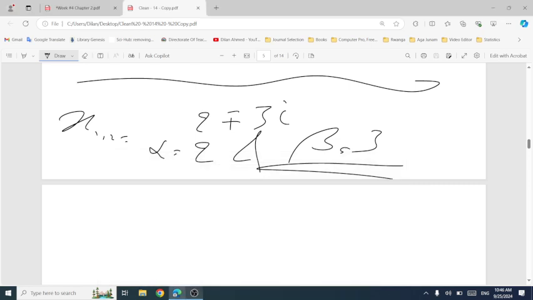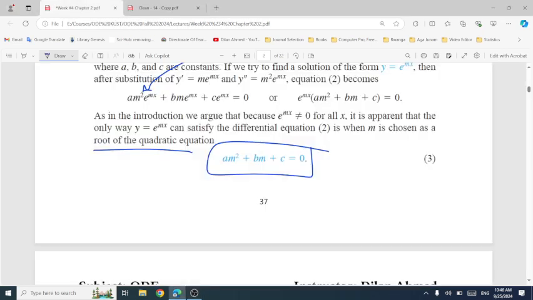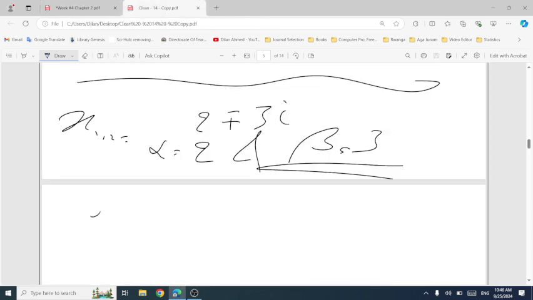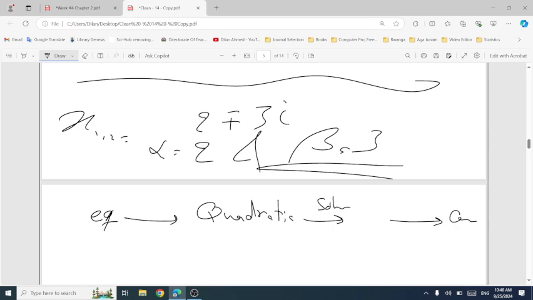Okay. Now, we have a quadratic equation. From the equation, we deal with the quadratic, then with the solution, then with complex. The quadratic equation is like that.